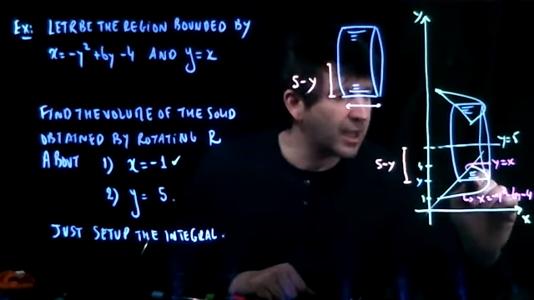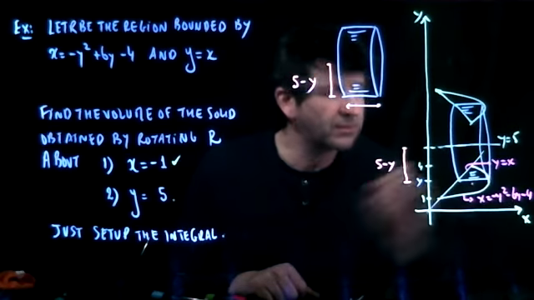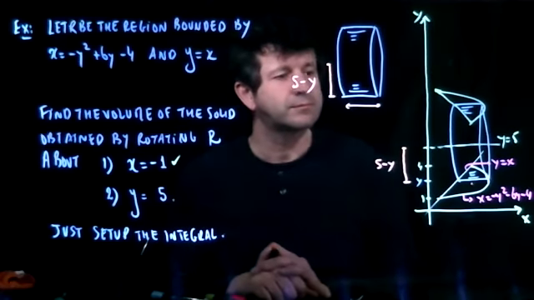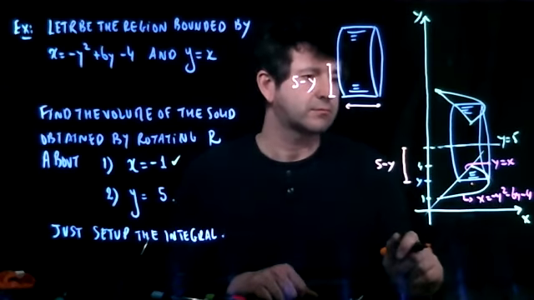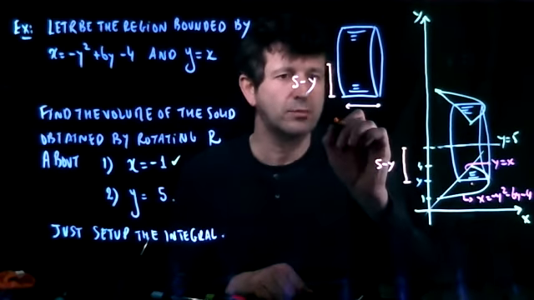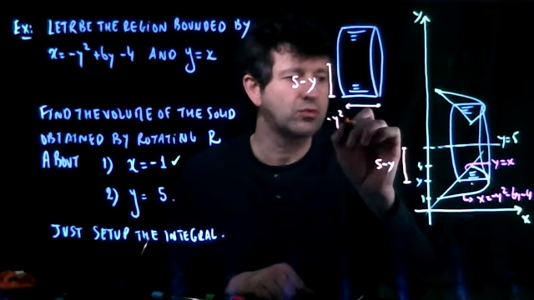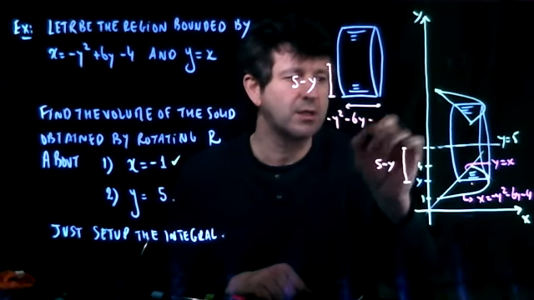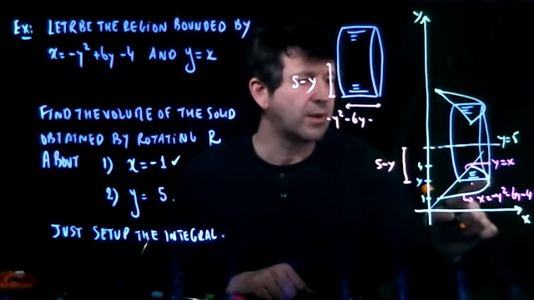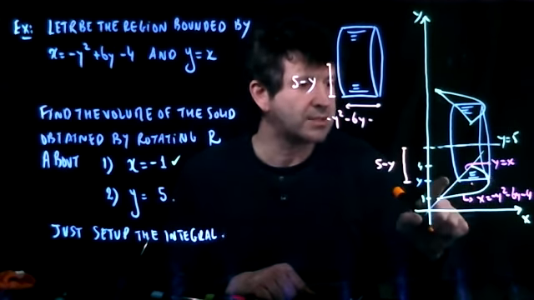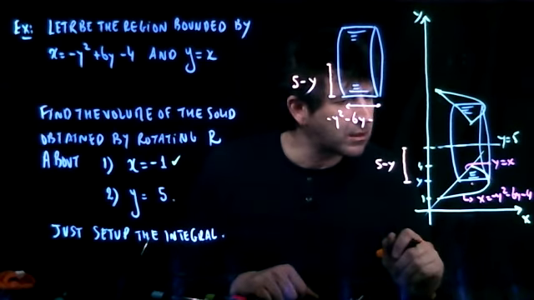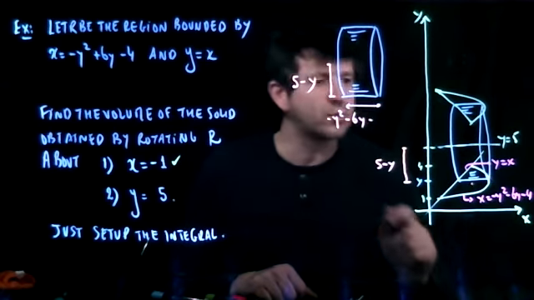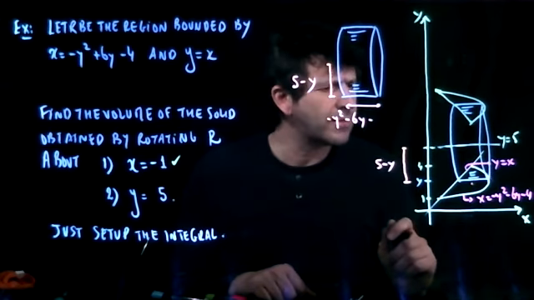And what is my height? Right function minus left function. So my height will be negative y squared minus 6y, this minus x. Sorry, did I mess up?